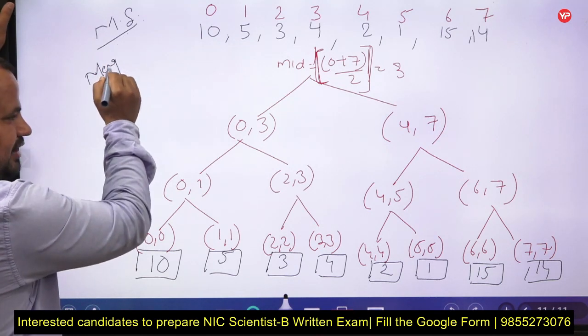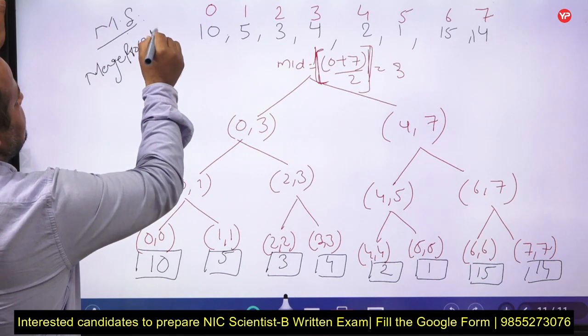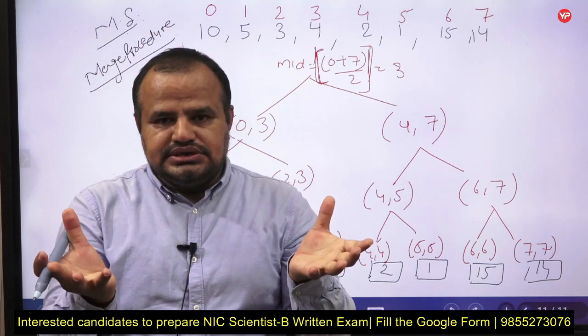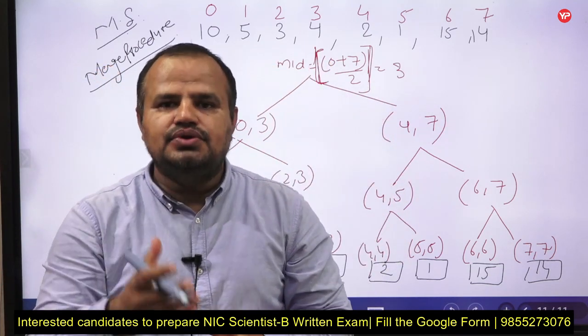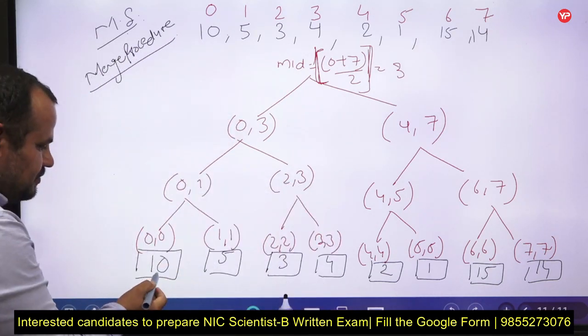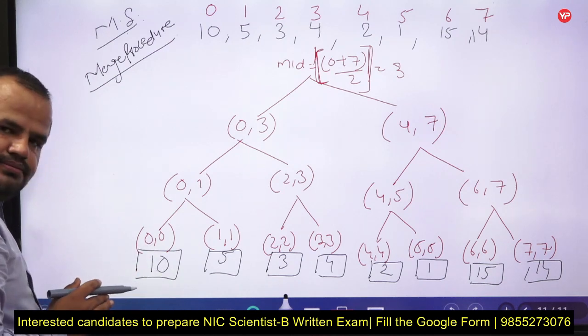Merge sort calls a function that is called the merge procedure. And what is the task of the merge procedure? It takes two sorted arrays and merges these two sorted subarrays into a new array. As we already know, this array has only a single element, so it is already sorted.